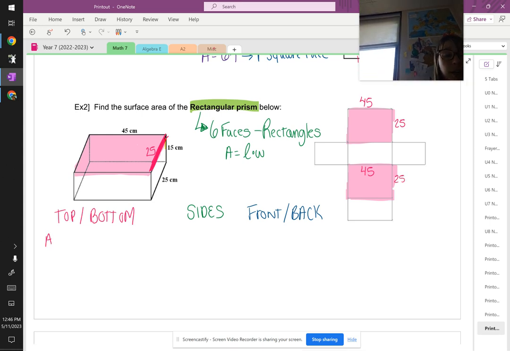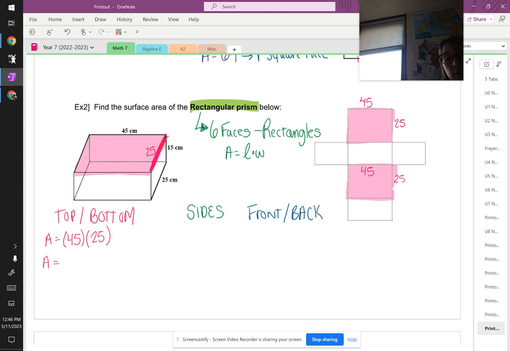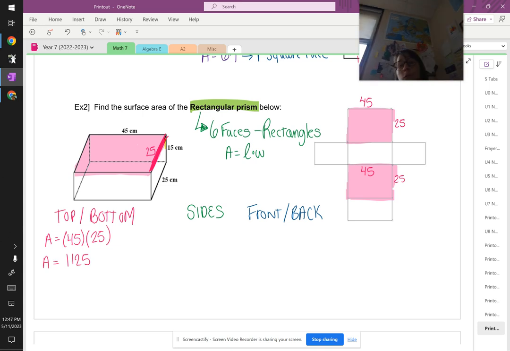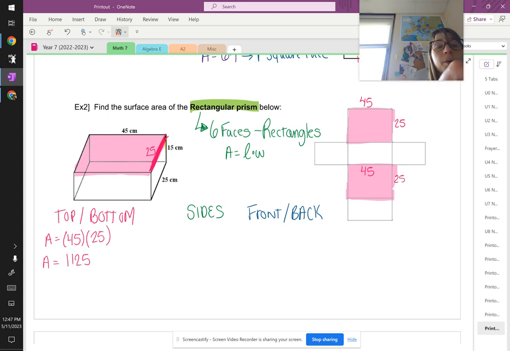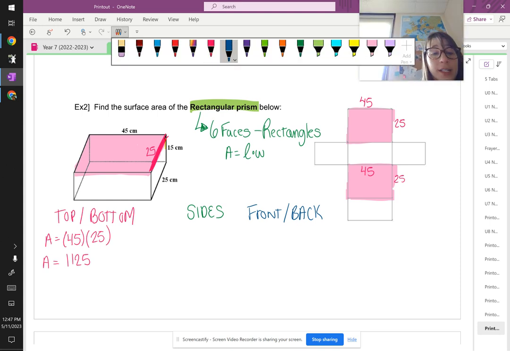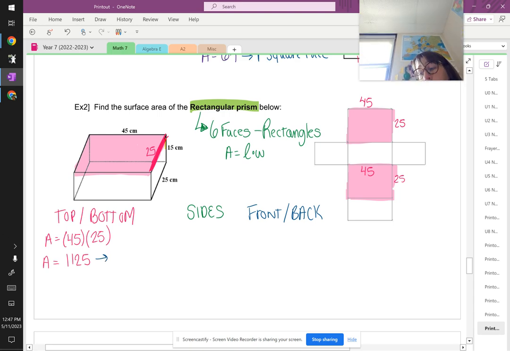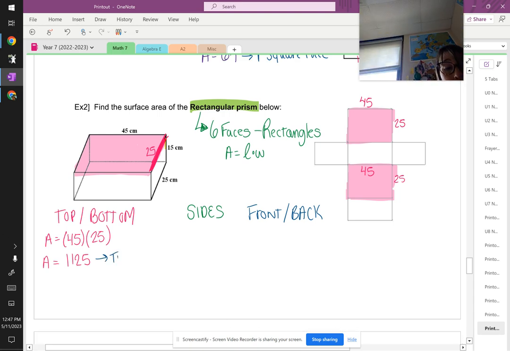So here we go. Area equals, I don't need to rewrite the length times width formula because I already wrote it up there. 45 times the 25 gives me 125. Just kidding, 1,125. Now, that only represents the area of the top or the bottom. It's only one of those, it's not both. So we're making a note of that. That is the top only.